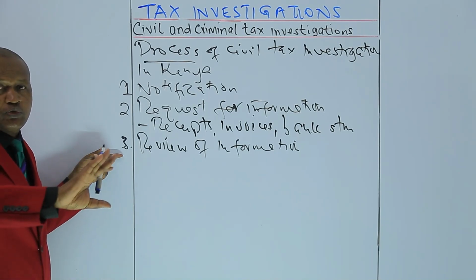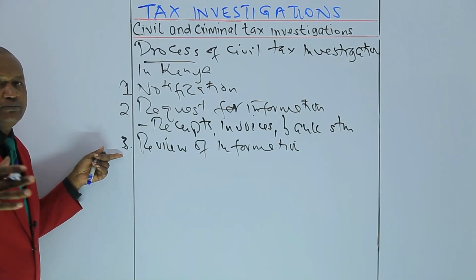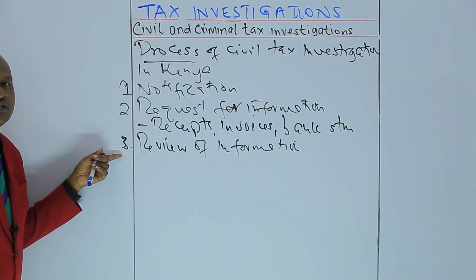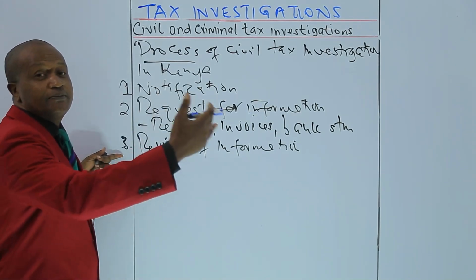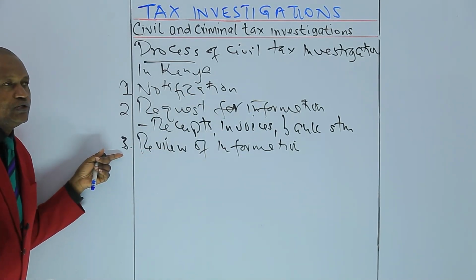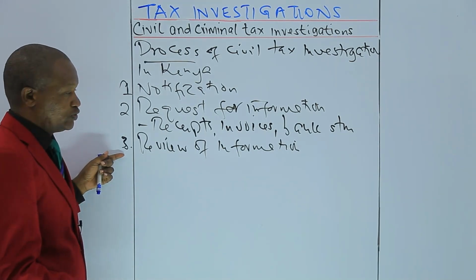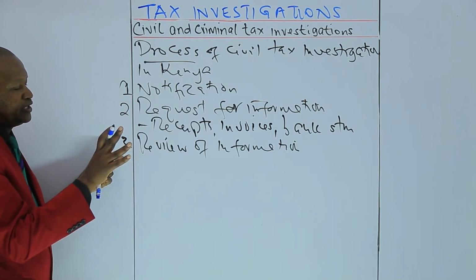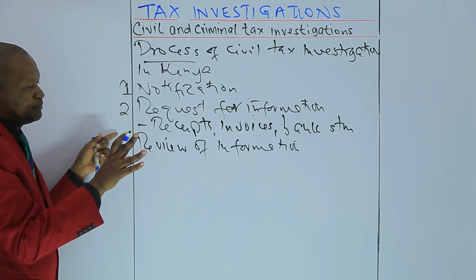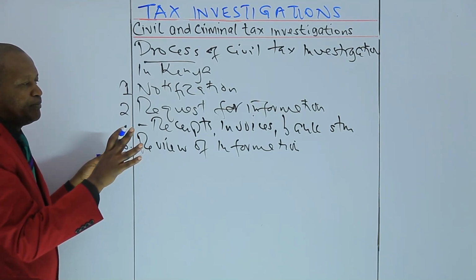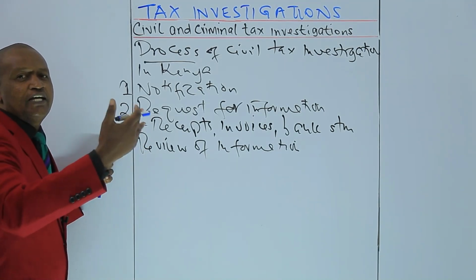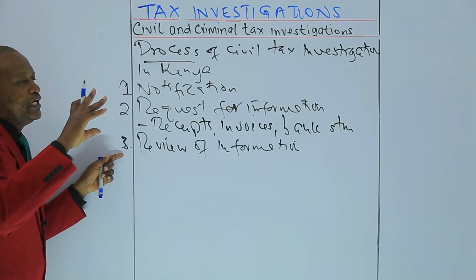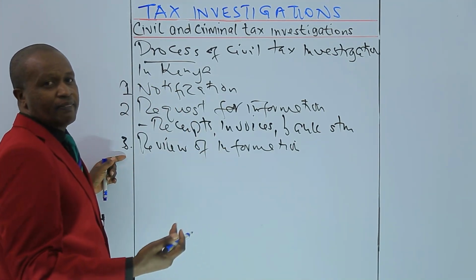The KRA will review the documentation provided by the taxpayer, and it may conduct further inquiries, such as interviews with the taxpayer. It may also conduct interviews with witnesses and so on. After reviewing the documentation, the authority may seek further information, such as interviews with the taxpayer.